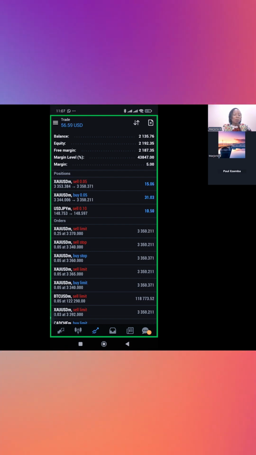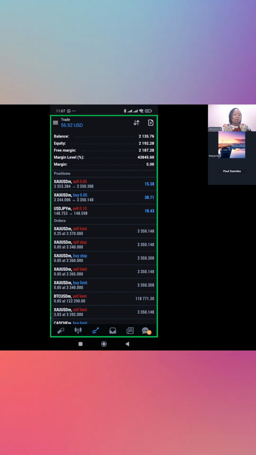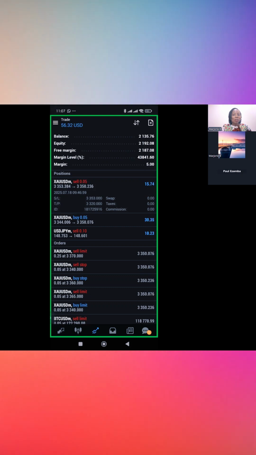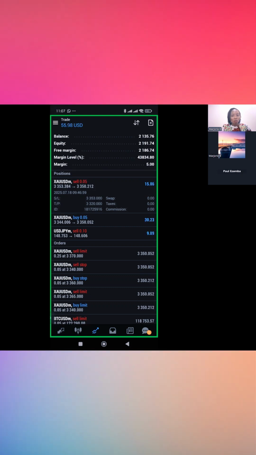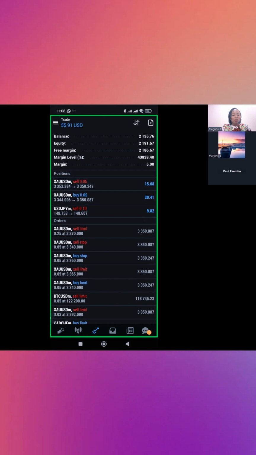So now you see this trade, the market is moving back up. Another thing I can do to secure profit is close some of your positions. That's when you have more than 0.01. I can come to this trade now. I have 0.05. Long press on it and you say close order.